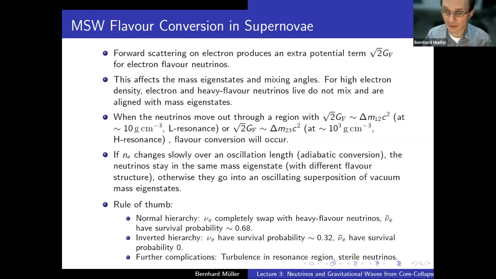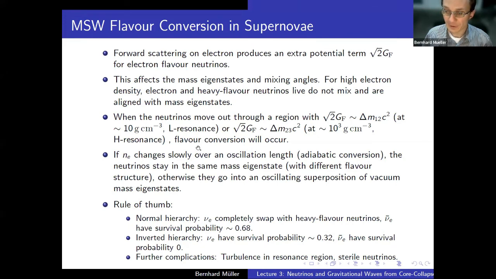Or if the change of the potential generated by the forward scattering is abrupt, you might get non-adiabatic conversion, and there will be jumps between the mass eigenstates. That is a phenomenon that's quite well understood. There are still some complications.